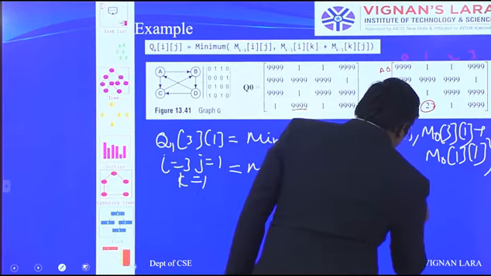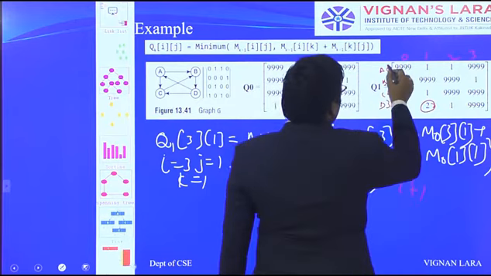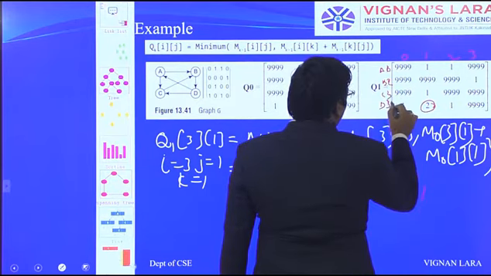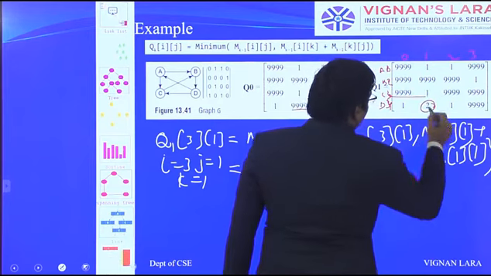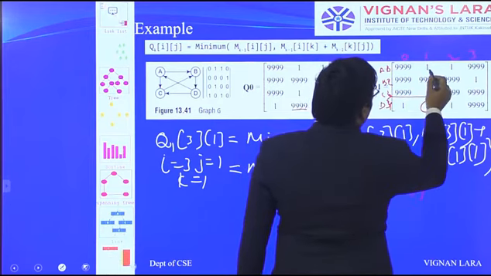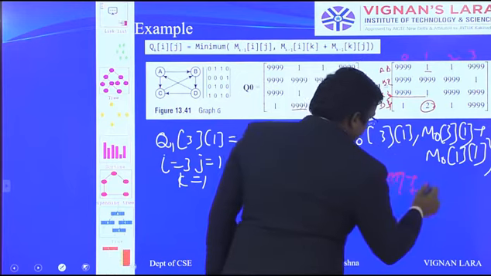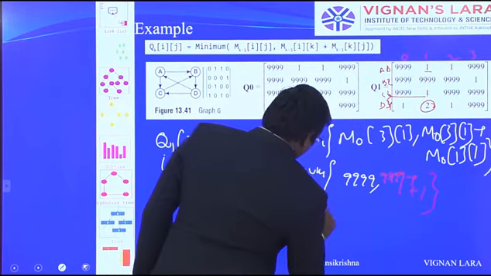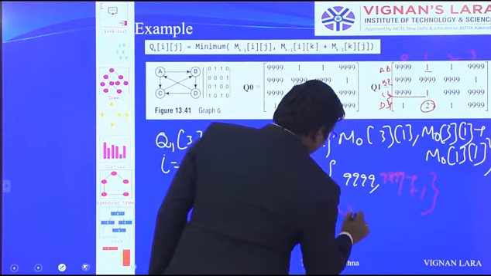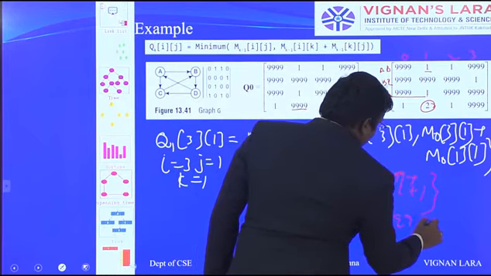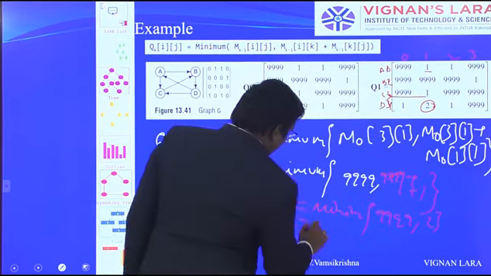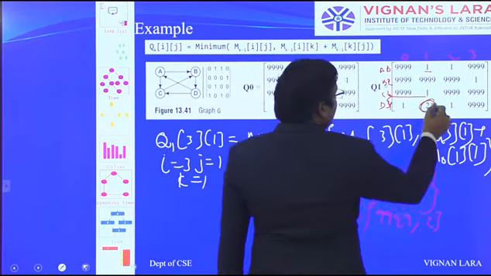So this is 1, this is 1. Here the indices are assumed as 1, 2, 3, 4. So the third value 1 is 1 and the 1 comma 1 value is also 1. So minimum of 999 comma 1 plus 1, which means 2. So the value is 2. That's why 2 is updated.